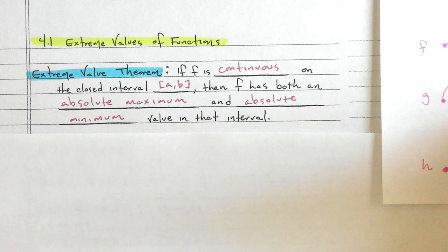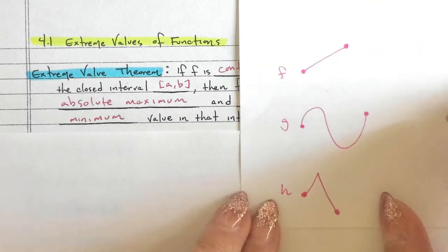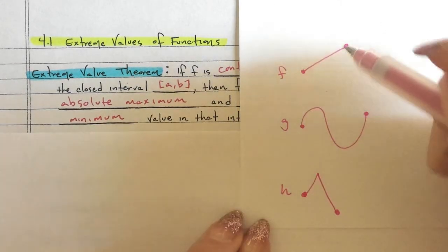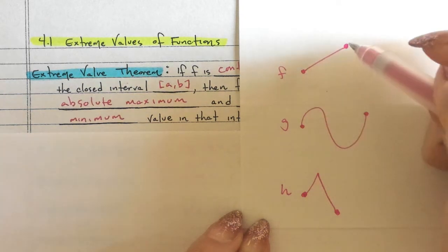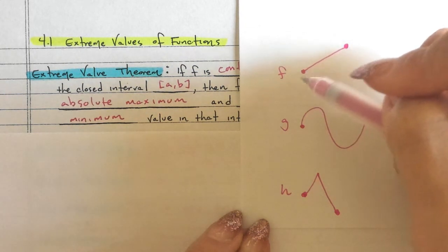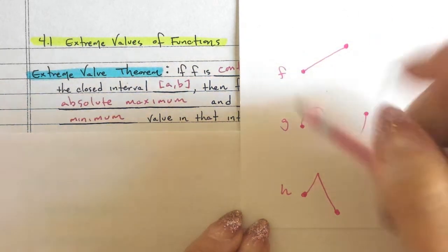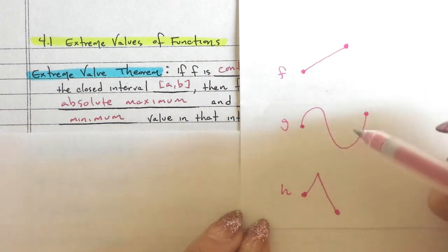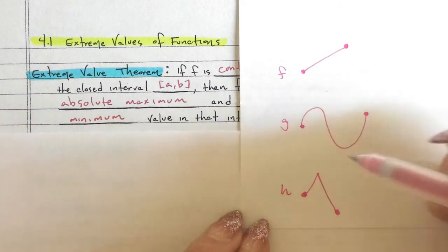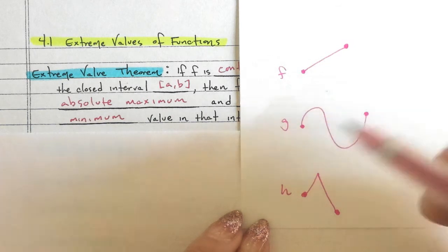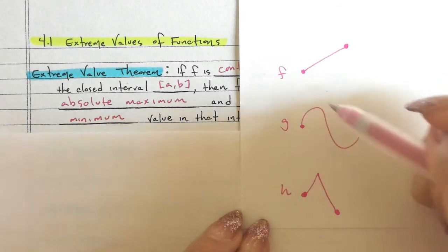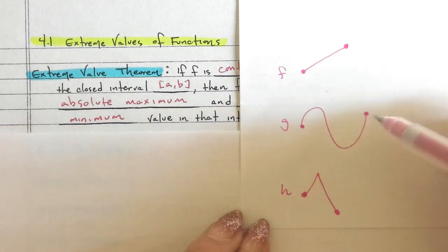For example, the absolute maximum and absolute minimum of f would be: maximum is here, minimum is here. For this closed function that's continuous, the absolute maximum looks like it's right here, higher than this endpoint.